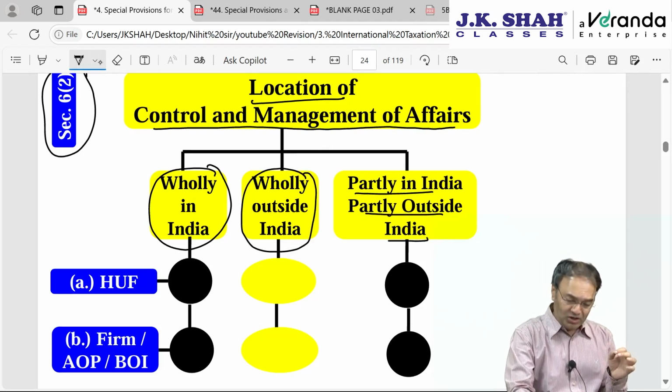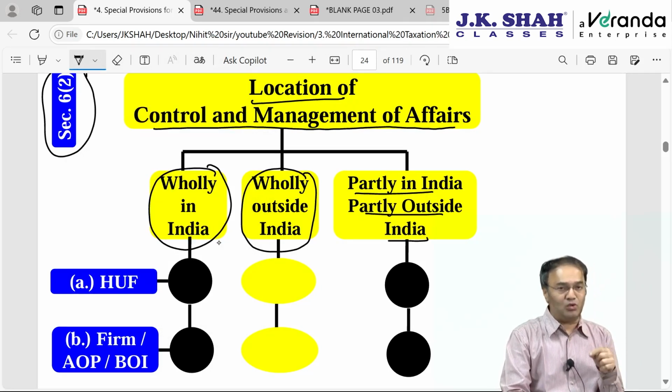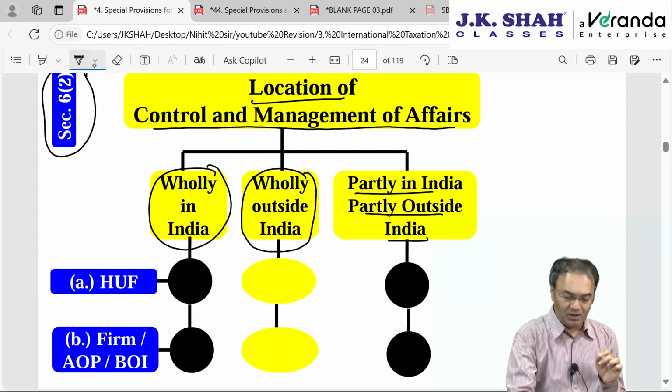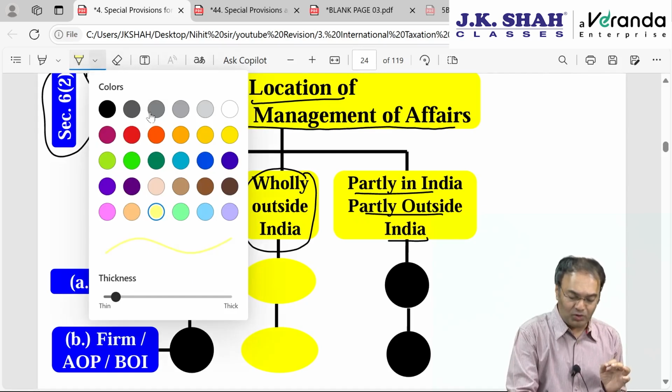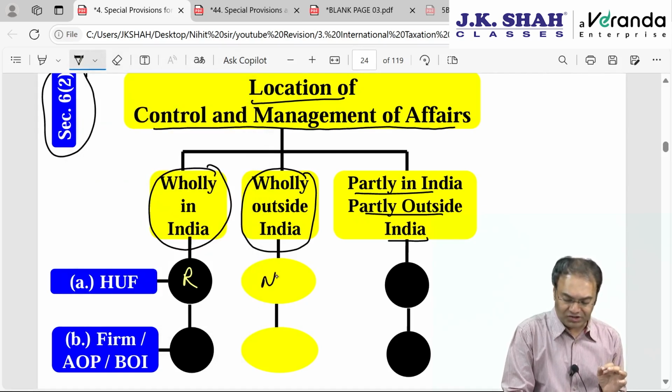If the management is totally in India, then naturally, goes without saying, they will be resident. Which persons are we talking about? HUF, AOP, LLP, partnership firm. If the management is wholly in India, then resident. Management wholly outside India, then non-resident.